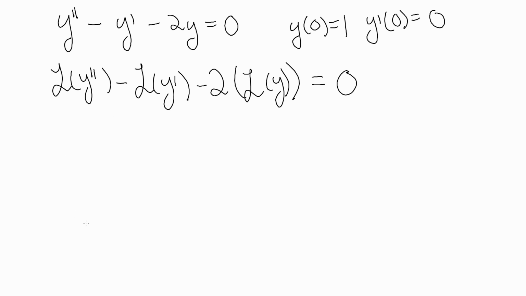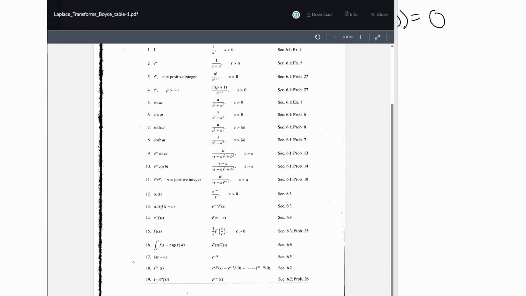Now we're going to look at the table. You can find this in Module 10 on Canvas. And notice down here, number 18, they have it as f to the n of t is equal to this bit here.